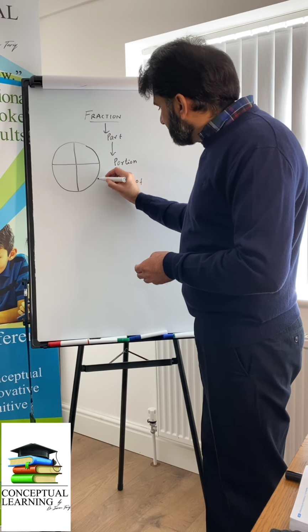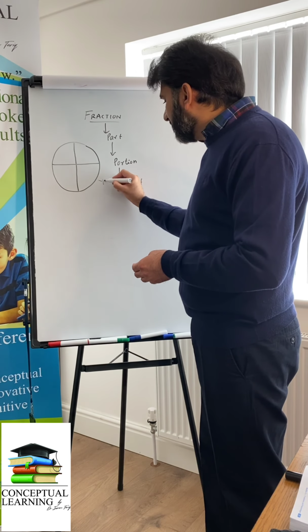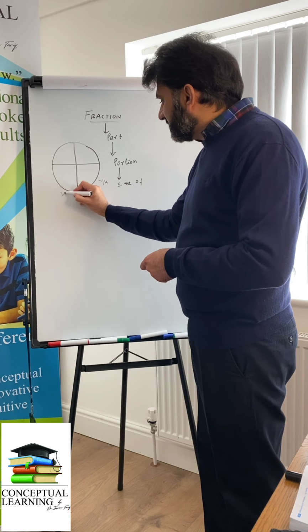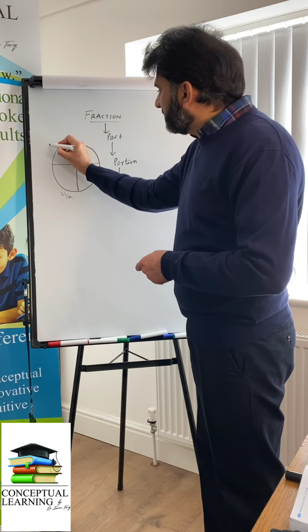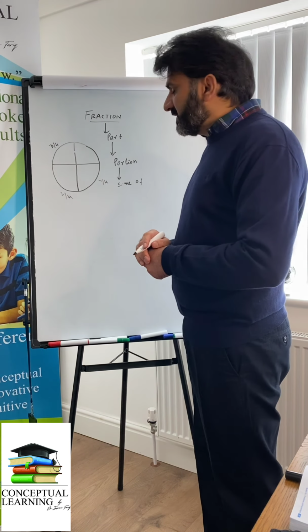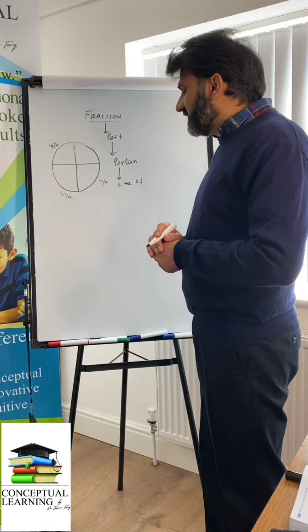So the whole is 4 parts, and each slice is called 1 in 4. Then this is the second part, 2 in 4, this is 3 in 4, and this is 4 in 4. So basically every part is called 1 in 4.